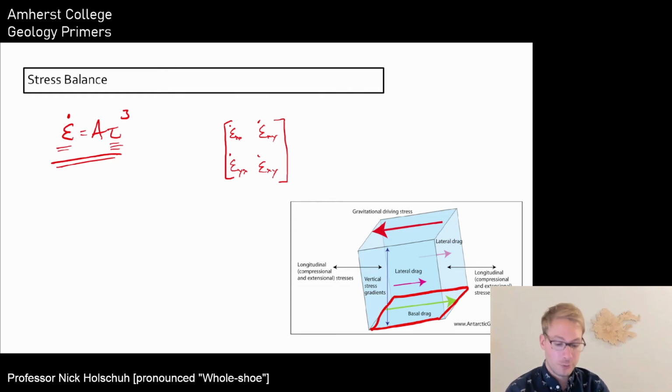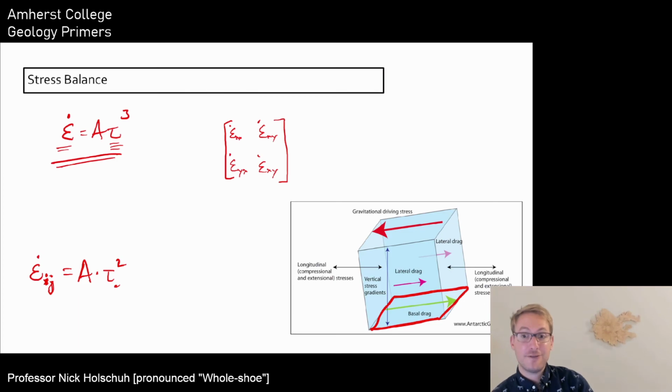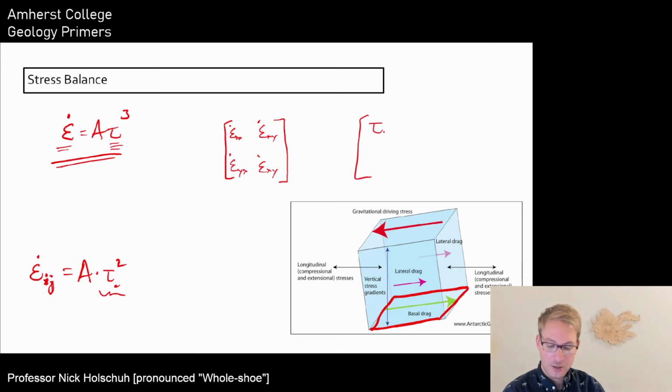The general rule is that the strain rate in one of these orientations, to be generic, I'm just going to call it ij, is equal to some prefactor, a constant, times an effective stress squared, which is true for ice. This term is some combination of all of our stresses.